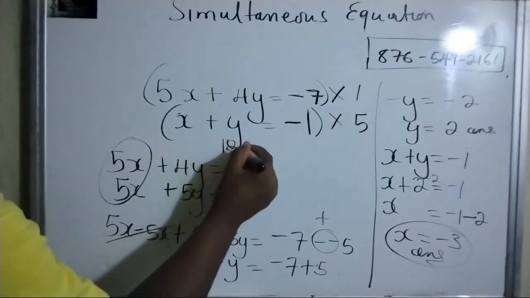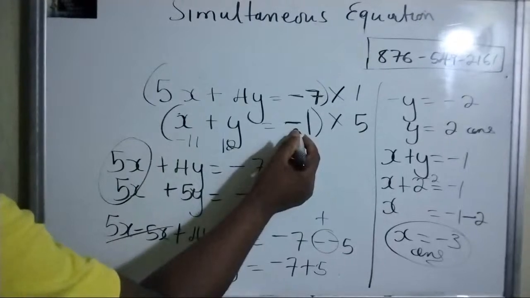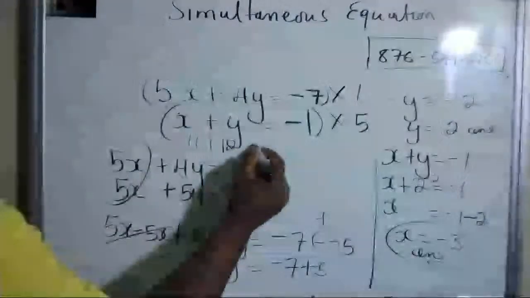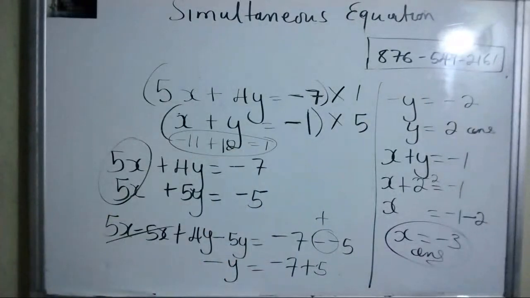If it's positive 12 and x is negative 11, we will get positive 1 here. I just wanted to see if what you were saying could actually work.